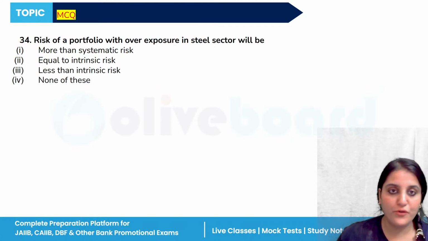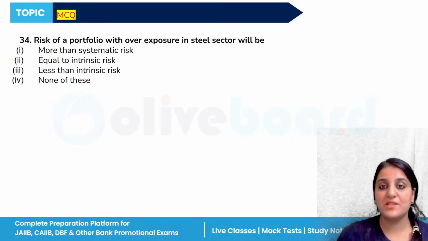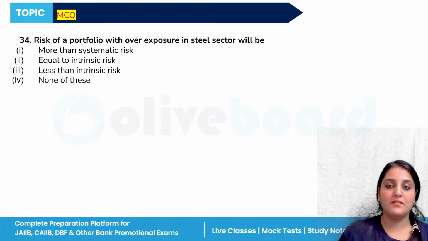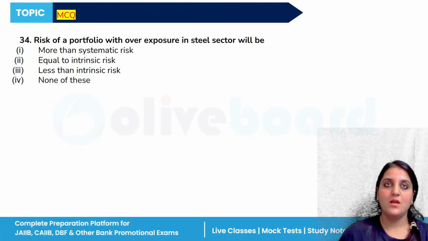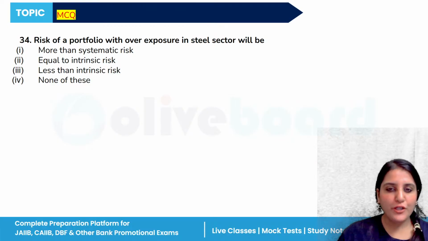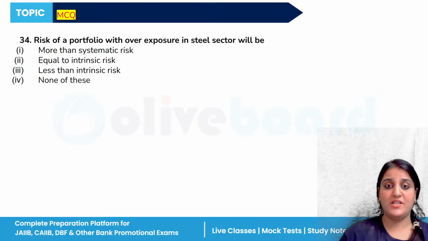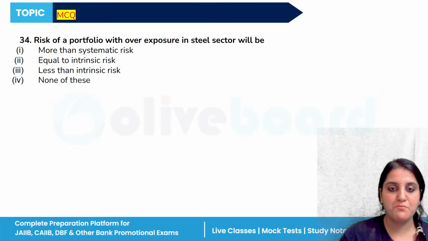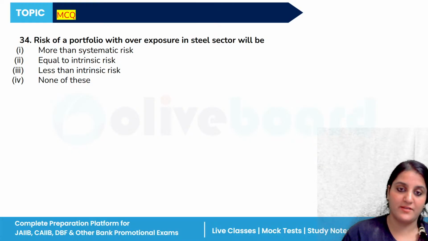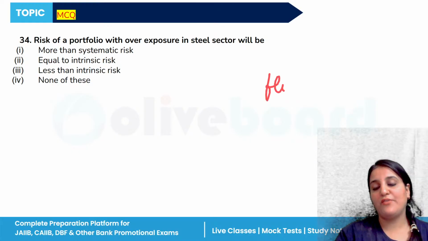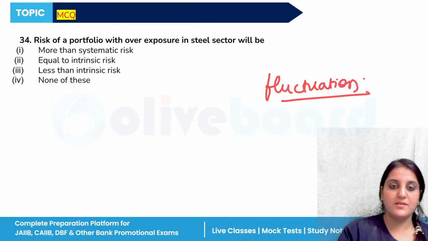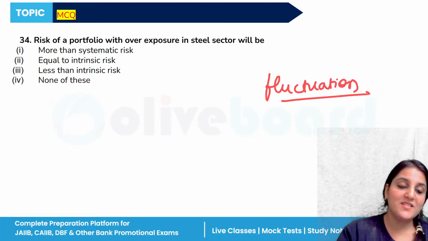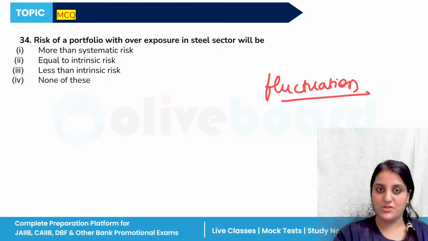The risk of a portfolio with overexposure in the steel sector will be, see, a portfolio that is heavily weighted in the steel sector is likely to be significantly affected by industry specific risk, such as fluctuations in commodity prices, changes in regulations, and market demand specific to the steel industry.